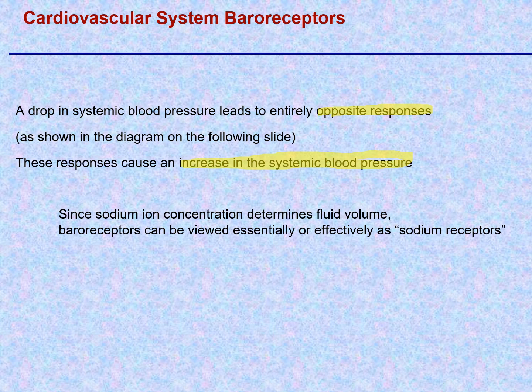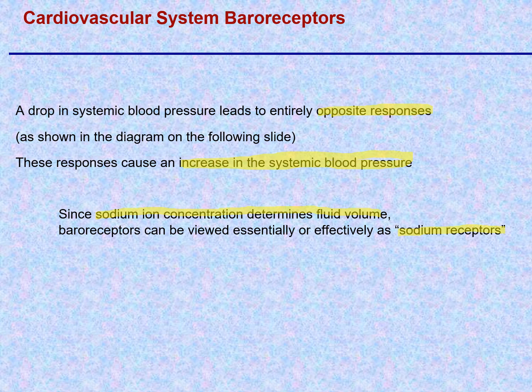Since ion concentration essentially determines fluid volume, the baroreceptors can, in a sense, be considered to be sodium receptors. As I said on the previous slide, if you have a rise in blood pressure, baroreceptors respond to that, and any rise in blood volume causes an increase in blood pressure, because of more sodium being present, and so you'll get the effects that result in a drop in blood pressure.